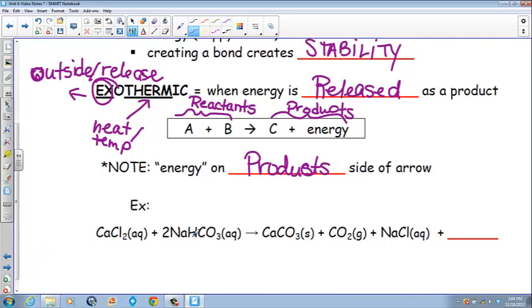We have calcium chloride reacts with sodium bicarbonate to produce calcium carbonate, carbon dioxide, sodium chloride in an aqueous solution, so this would be salt water, plus heat, which is your energy. It is a product, it is on the right-hand side of the equation. Therefore, this is an exothermic reaction. Heat on the right-hand side, or any type of energy on the right-hand side of the equation, would indicate that it's exothermic.